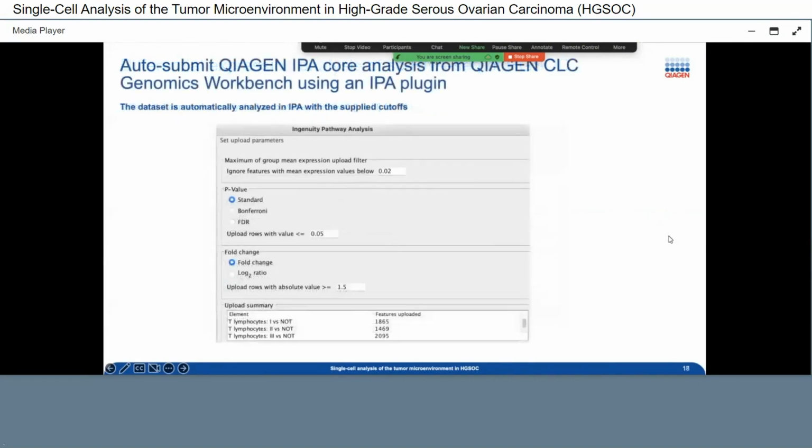The beauty of it is that in our ecosystem, everything is tied. So once you have CLC, you have a plugin that allows you to send the information to IPA. And it can do that by itself, not only uploading the data set but also setting up the parameters of the analysis. That's what I've done here. It's just an automatic process. I set up some cutoffs for the p-value and fold change, and you see some of the comparisons I've sent.